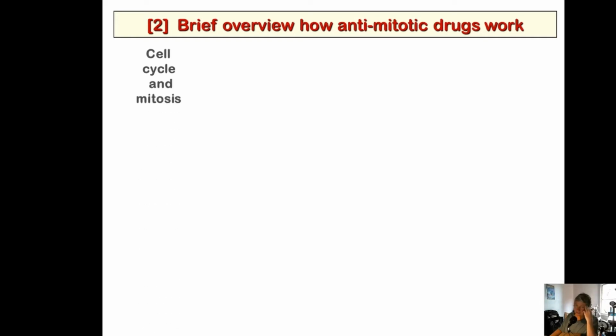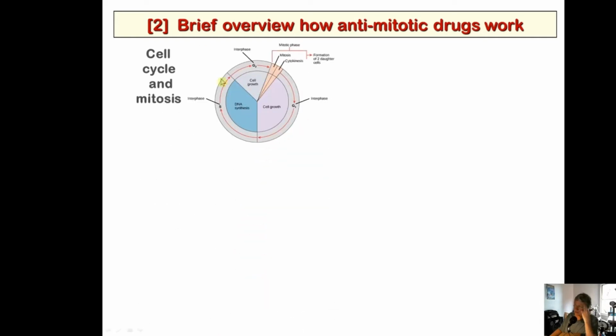Let's talk about the cell cycle and mitosis very briefly. The cell cycle has a couple of stages. It begins with generation of a new cell after cytokinesis, and the cell enters a phase called G1, in which the cell basically just grows, followed by a phase called S phase, which is when DNA starts being synthesized in large quantities.